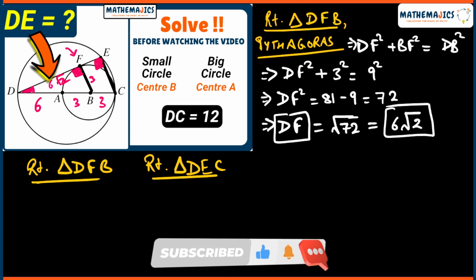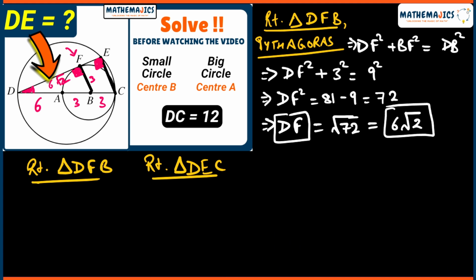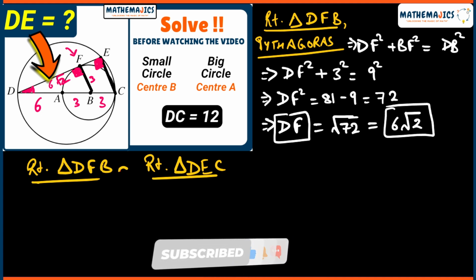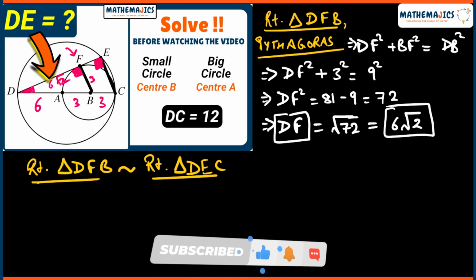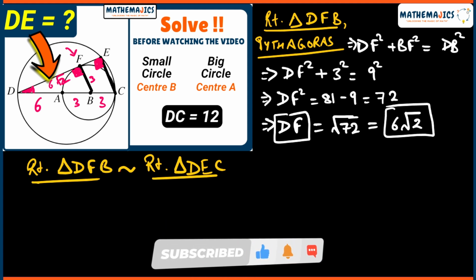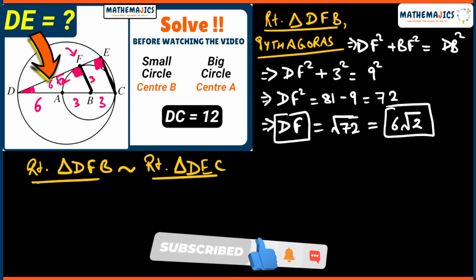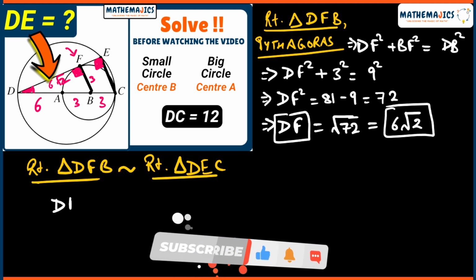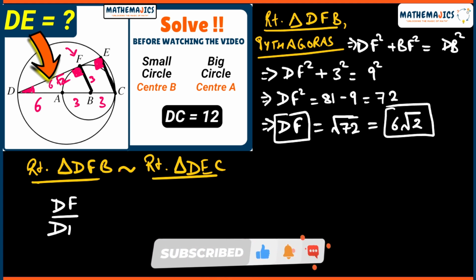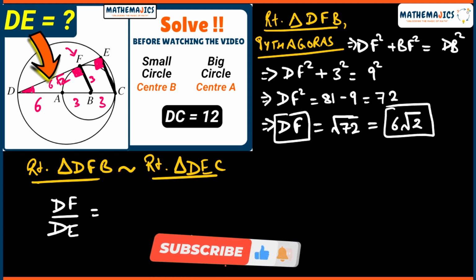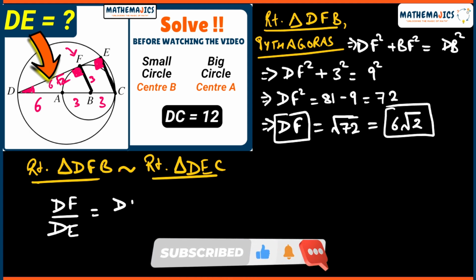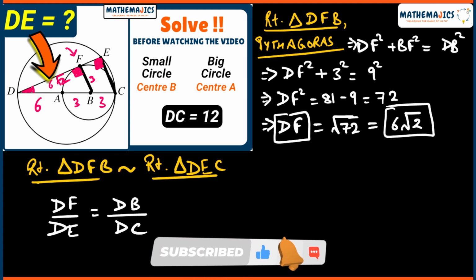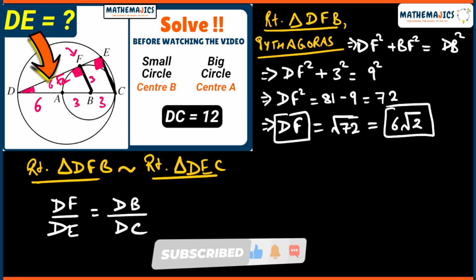Now, if two angles in two triangles are the same, the triangles are similar. So these two triangles are similar to each other. Once the triangles are similar, their corresponding sides are in equal proportions. That means DF upon DE will be equal to DB upon DC.